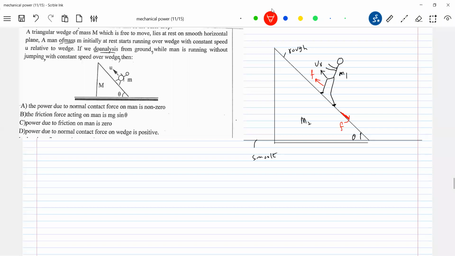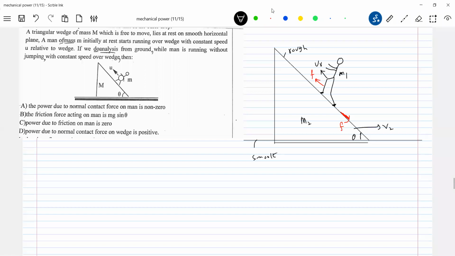And in what direction will the wedge move? Left or right? Right, sir. The wedge will move like this. The displacement of the wedge will be towards right.